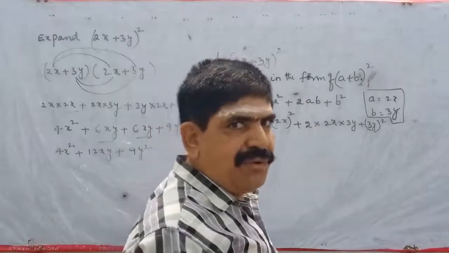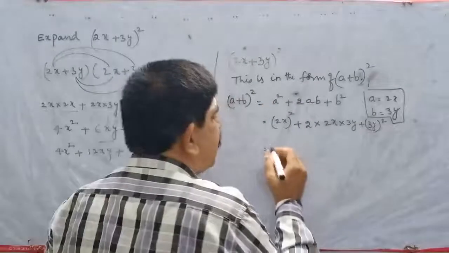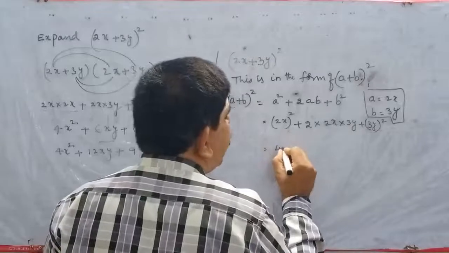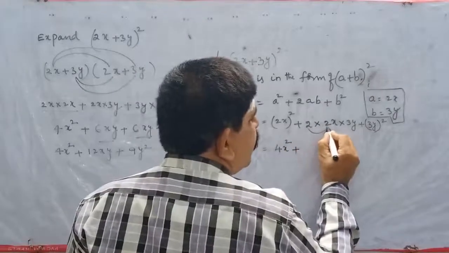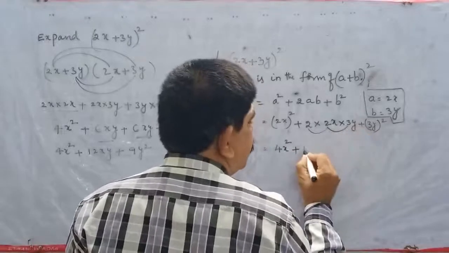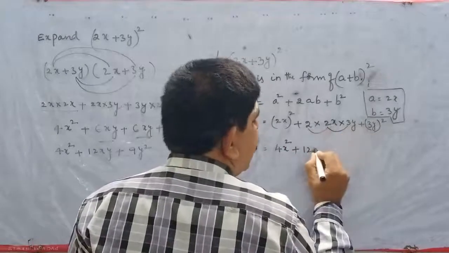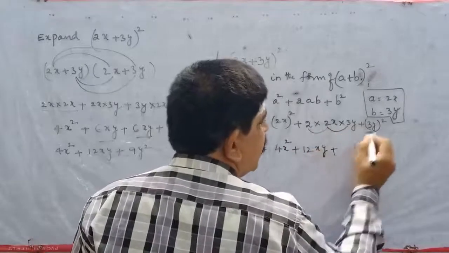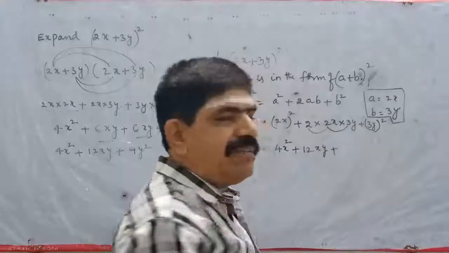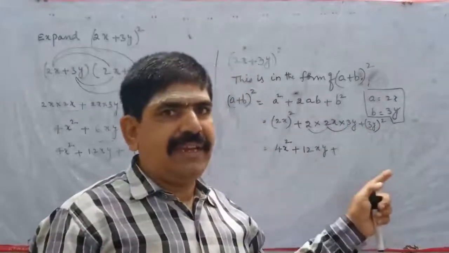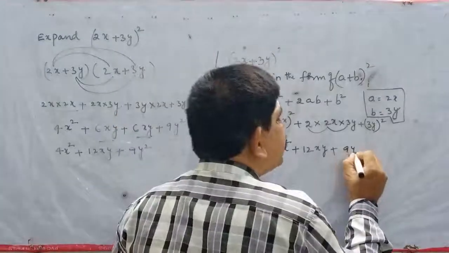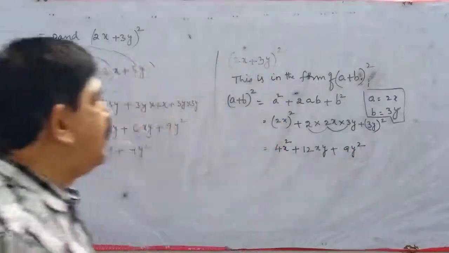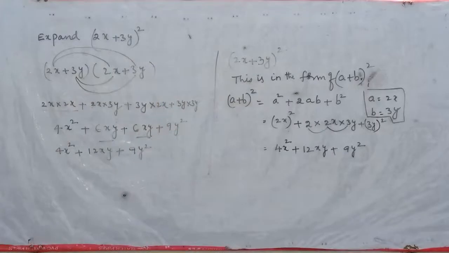So 2 2s are 4, x into x, x square. So that is 4x square plus, now 2 2s are 4, 4 3s are 12, xy, plus (3y) square. 3y square means 3y into 3y, 3 3s are 9, y square. So that is 9y square. So like this we can expand the given problem.